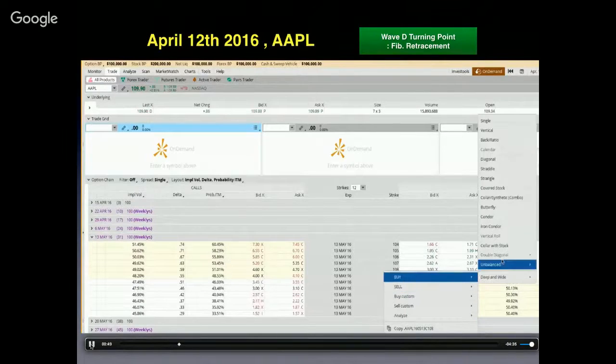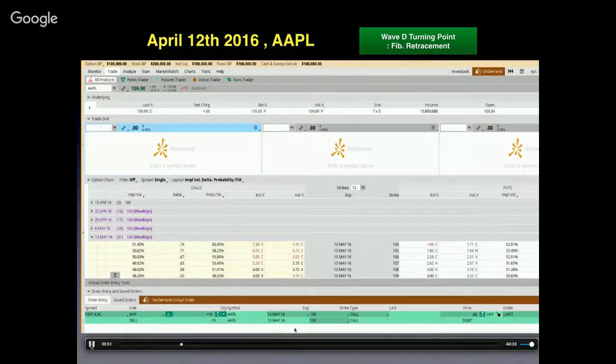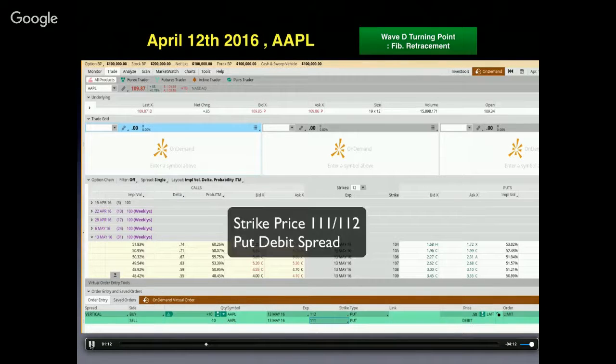Say we are taking about 31 days expiration. Apple, strike price will be 111, 112. Nope, debit spread. So it's going to be 112, 111.